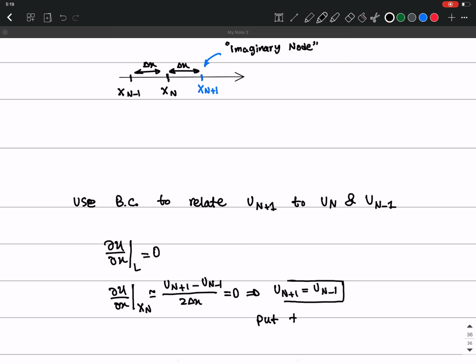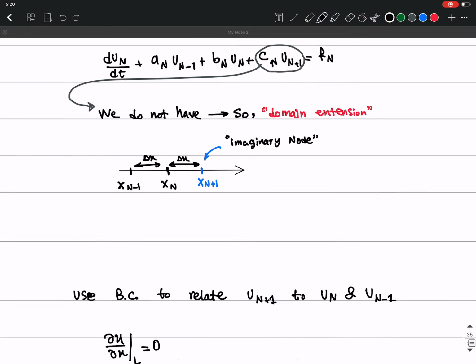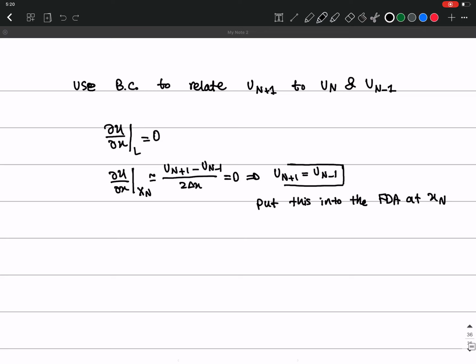We are going to put this into the FDA, the finite difference approximation, at x_n. So the equation is du_n over dt plus a_n u_{n-1} plus b_n u_n plus, instead of c_n u_{n+1}, I write c_n u_{n-1}, equals f_n.